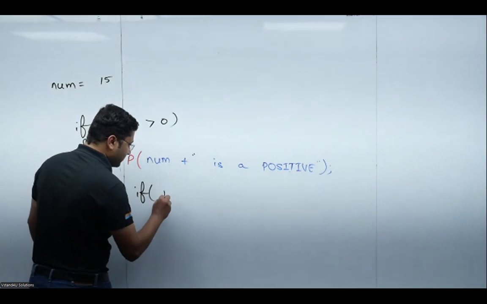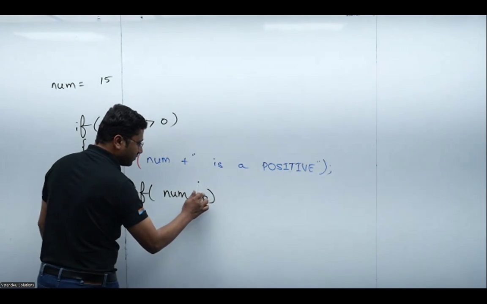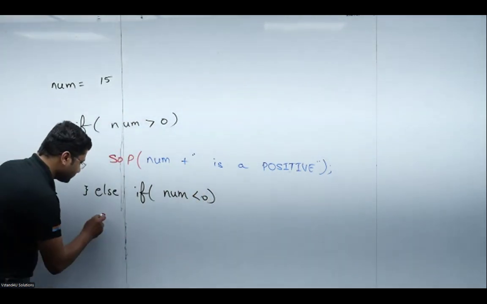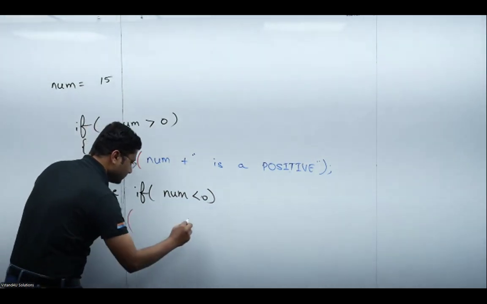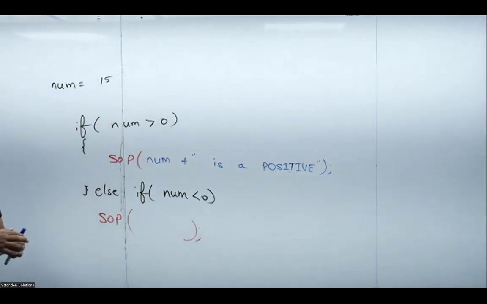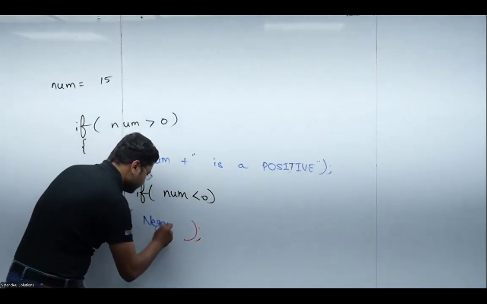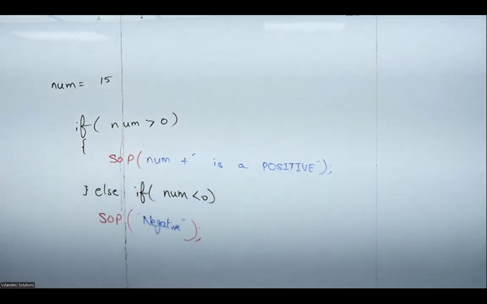Else if num is less than 0, then SOP of negative. I'll type only negative. Would that be fine for you? Hope you understand the rest of the things. Done.